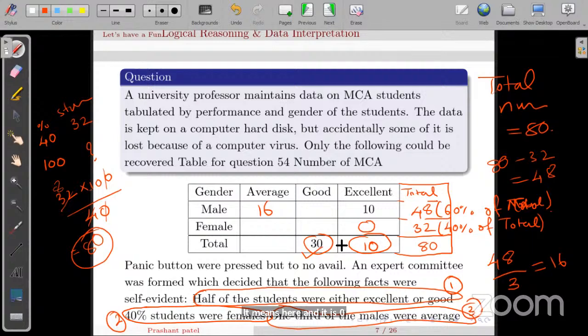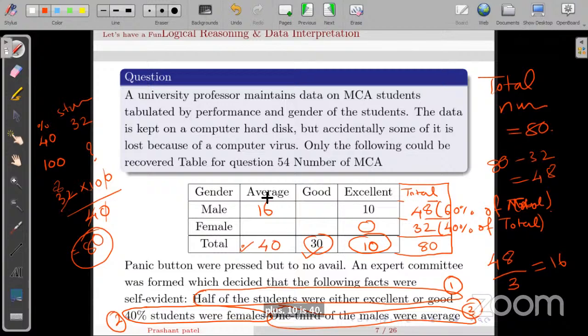Okay, so we can fill this much before doing anything else. Now I can write down what is here also. I can write here what figure will come. 30 plus 10 is 40, so here 40 will come.